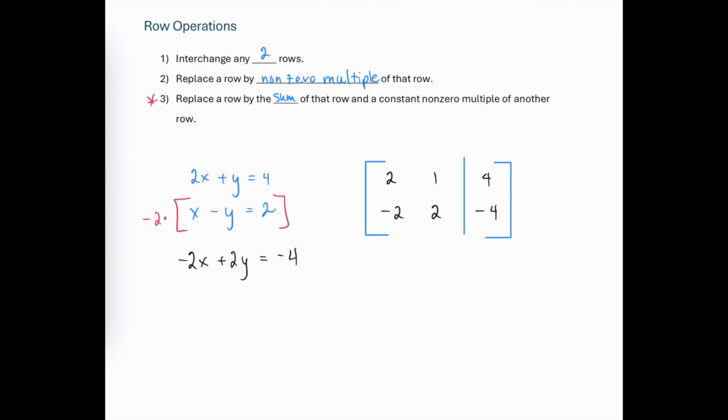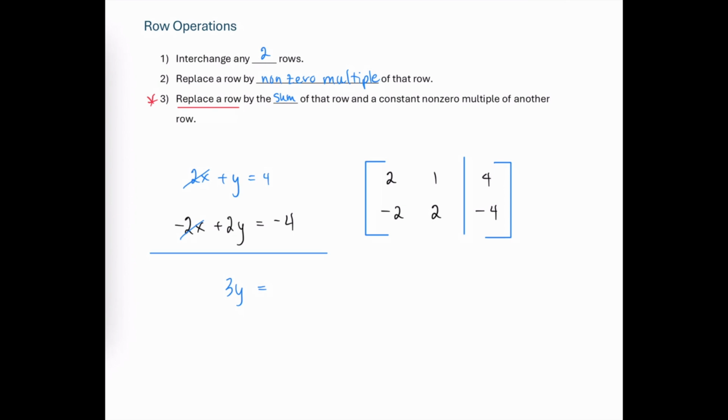The third allowable row operation is that we could replace any row by the sum of that row plus a non-zero multiple of another row. And essentially what that means is that we could take these two rows and add them together. We would get 2x minus 2x, and these two terms just cancel out. Adding the y terms together, we would get 3y, and then adding the constants together, we would get 0 over here.